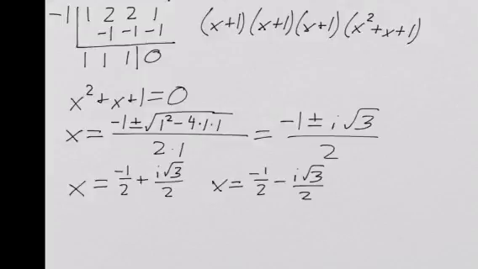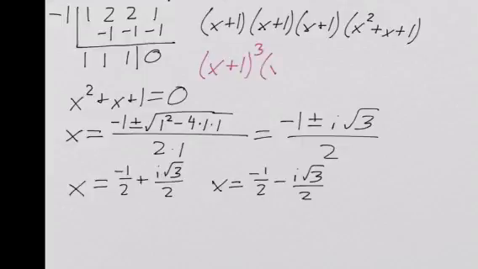So now I can plug those into the factorization, and I'm also going to condense x plus 1 times x plus 1 times x plus 1 down into x plus 1 to the third.